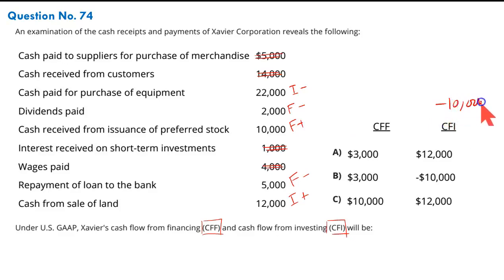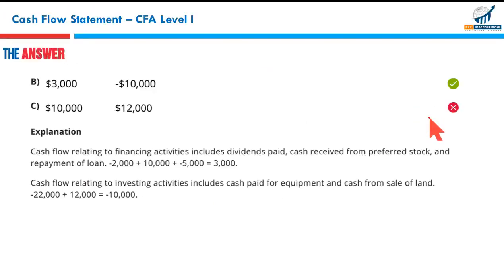Cash flow from financing, negative 2. Negative 5 plus 10 plus 3. So that makes B the correct option. So remember, cash from sale of land is an inflow, investing inflow. Rest of it is fine. So we got B as our correct answer. B it is.